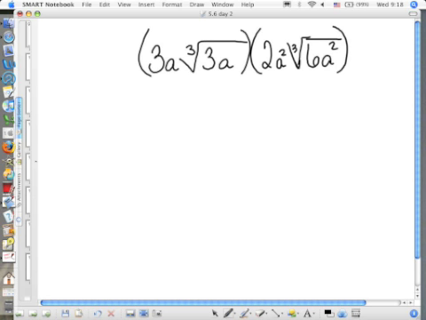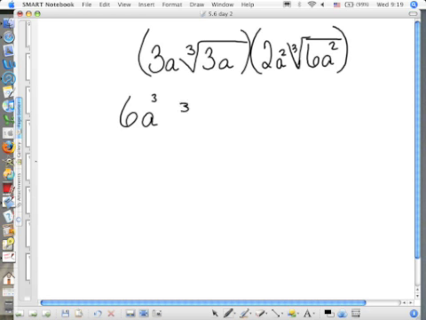All we're going to do is combine whole number portions together and the radical stuff together. So with the whole numbers, let's actually multiply it out. It's 3a times 2a squared. What is 3a times 2a squared? 6a cubed. So I've already got this outside the radical.